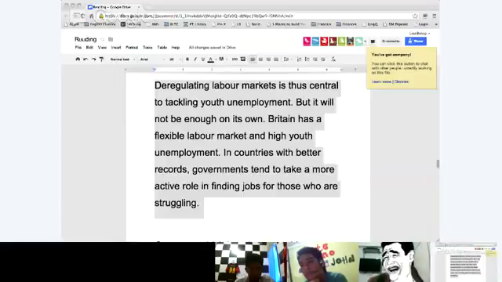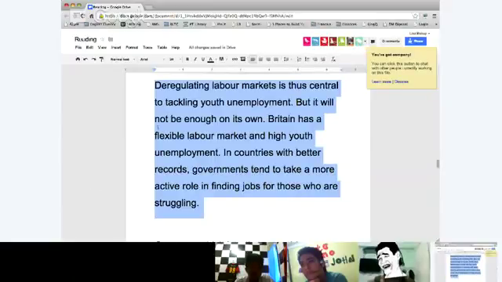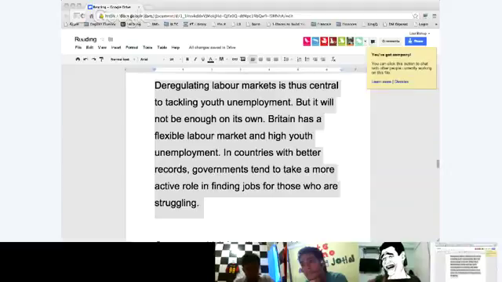Deregulating labor markets is central to tackling youth unemployment, but it will not be enough on its own.